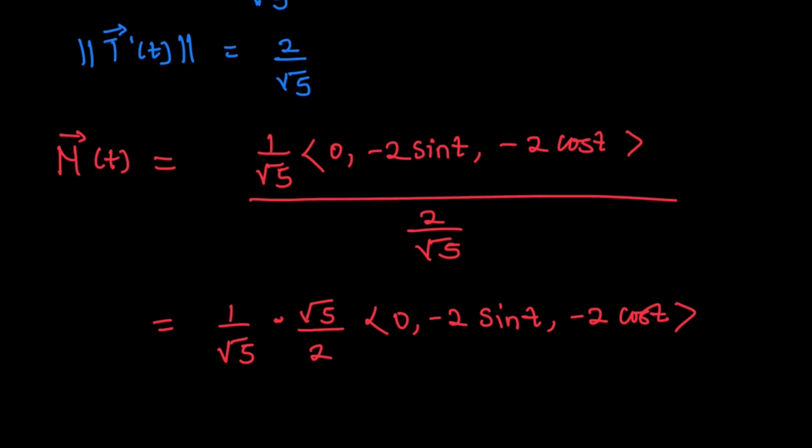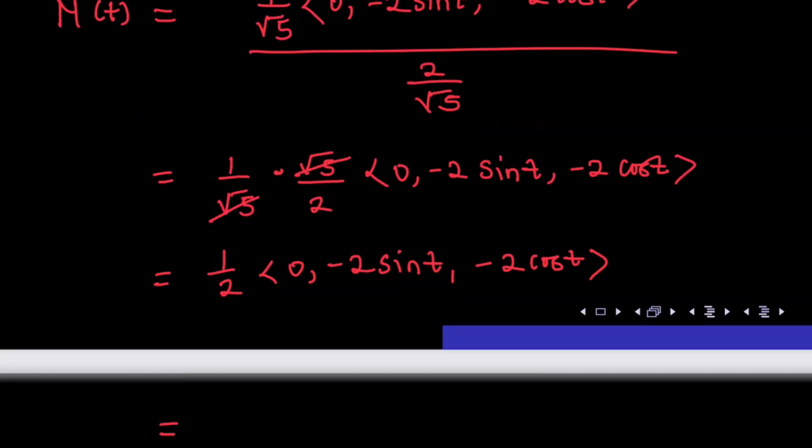So these two guys will cancel out. So we are going to have it to be 1/2, 0, minus 2 sine of t, minus 2 cosine of t. We are going to have our answer to be 0, minus sine of t, minus cosine of t. So this is our unit normal vector.